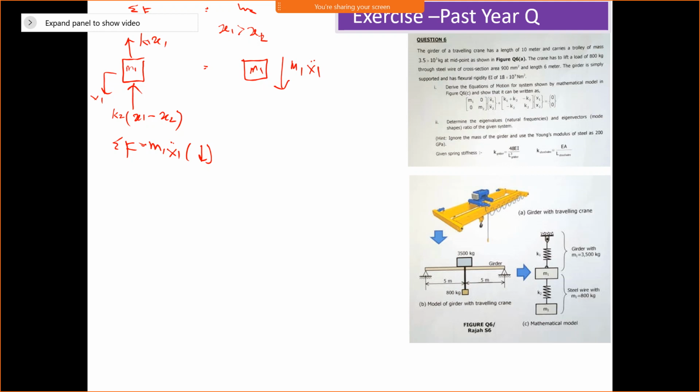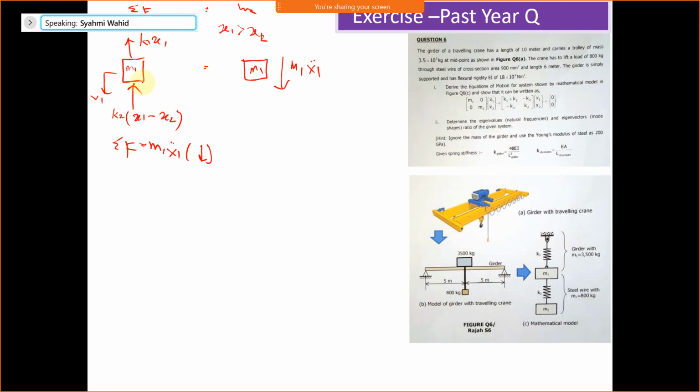Sama ada X1 tu bergerak ataupun pergerakan dia tu displace lagi besar daripada X2 ataupun X2 tu displace lebih besar daripada X1. So kita boleh buat dua cara lah. Alright. Dua cara. Kalau nak buat X2 lebih besar daripada X1, so kat mana dia akan berubah?